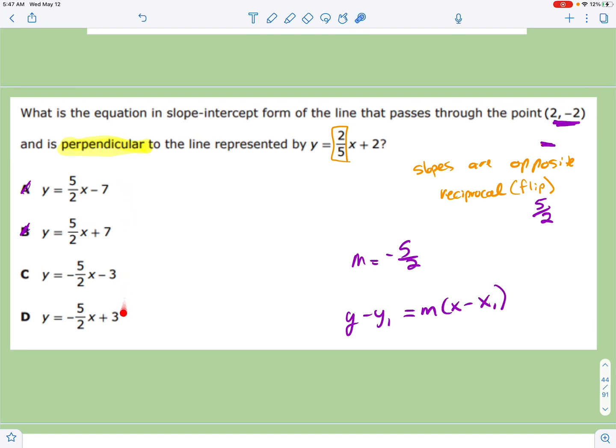Notice how these equations are in slope-intercept form, so we're going to turn this into slope-intercept form. We have x1, y1 here, so we're going to plug those into the formula. So it's y minus our -2 for y1 equals our slope, which we said was -5/2, times x minus our x1, which is just 2.